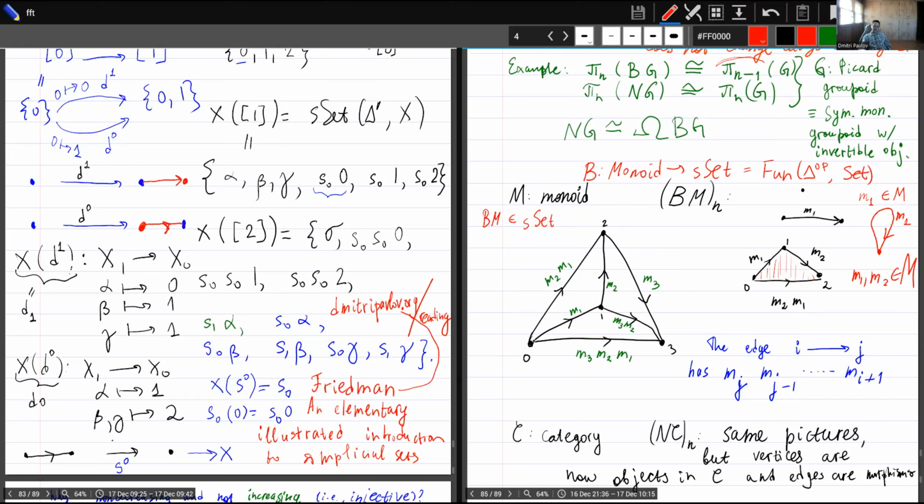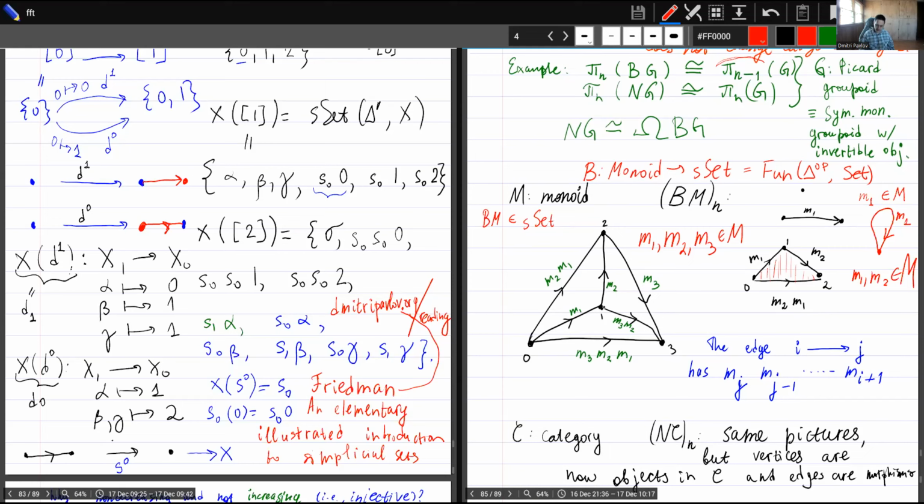And finally, here on the left is a picture of a three simplex. A three simplex will be likewise specified by a triple of elements M1, M2, and M3 in capital M. And these three elements will be placed on the edges from 0 to 1, from 1 to 2, and from 2 to 3. The other edges will contain products of these elements. The edge from 0 to 2 will contain the product of M1 and M2.